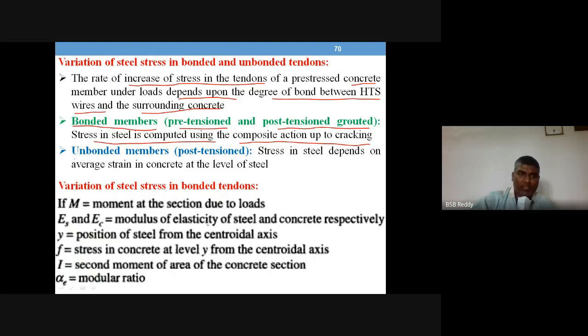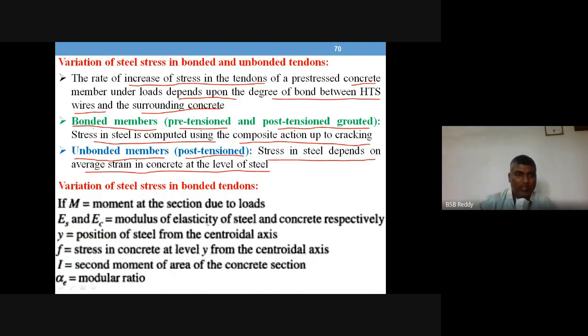Next, when you take unbonded members, the example is the post-tensioned member. Stress in steel depends on average strain in concrete at the level of steel. So this is how we calculate the additional stress in steel, or change in stress in steel, because of these variations from the bending natures which arise due to pre-stressing and also the loads.